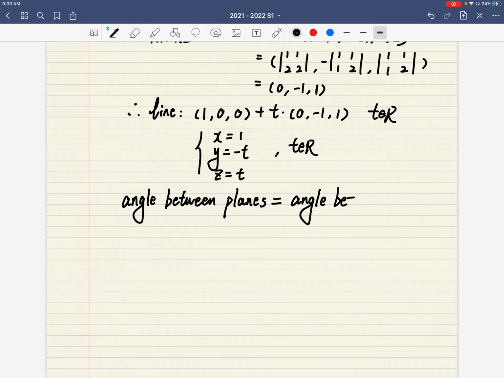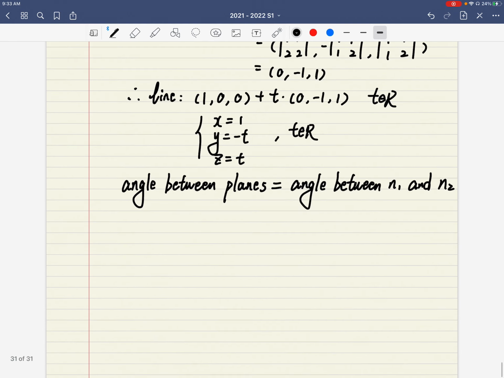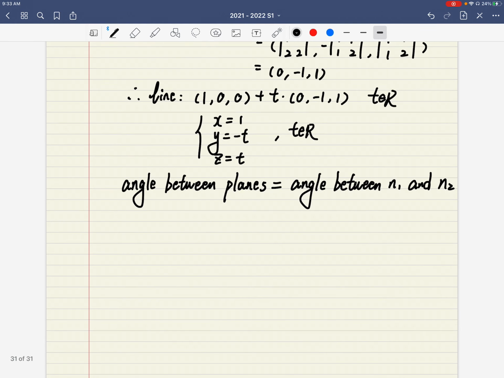So it's equal to the angle between n1 and n2. To get the angle between n1 and n2, you just need to use the dot product formula, right? Cosine theta is n1 dot n2 over the length of n1 times the length of n2.